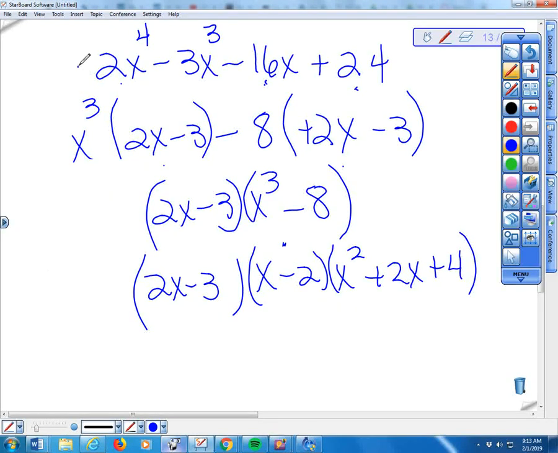Factor by grouping works with 4 terms: 1, 2, 3, 4. You concentrate on the first 2, get that factored by what's common to those 2. Concentrate on the second 2, get that factored on what's common to both. It only works when what's common to both is the same. So if you have a negative sign, pull it out so you can force them to be the same, like we did.